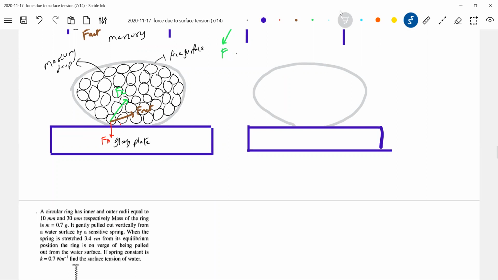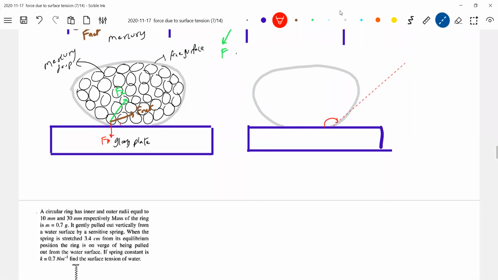It will not wet much. I think I didn't draw properly. Show it like this. So it will not wet. So what is the angle of contact here? This should be the angle of contact. Some arrows I'm showing.